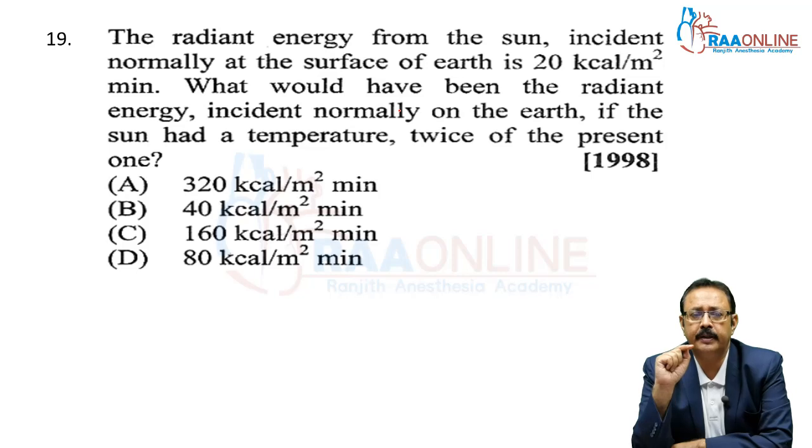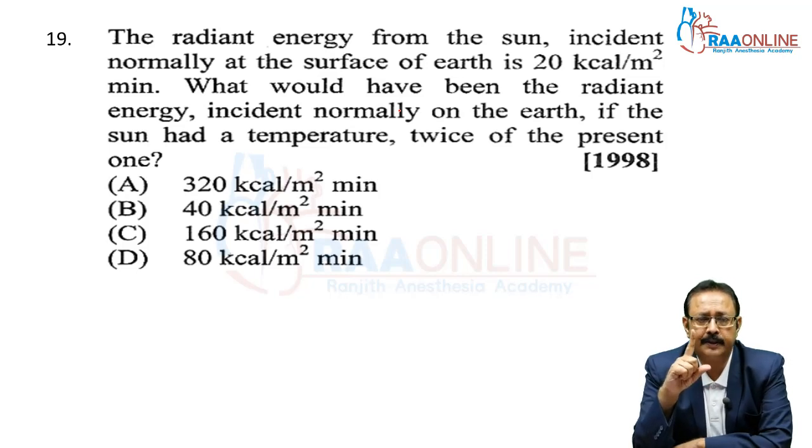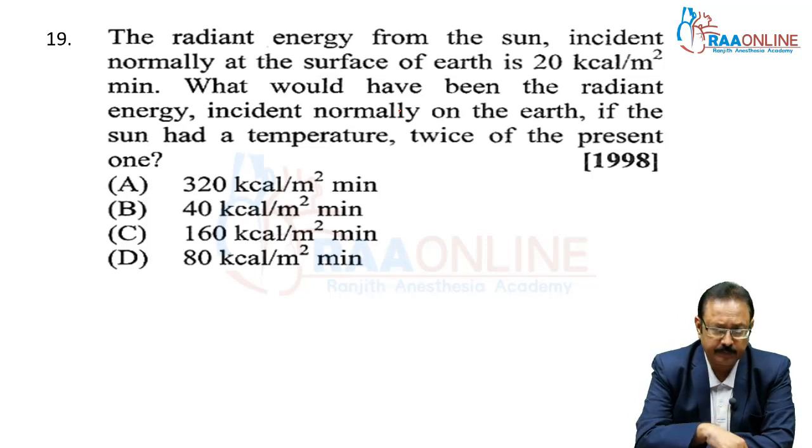What would have been the radiant energy incident normally on the earth if the sun had a temperature twice of the present one? See, first take care of units. Initially, radiant energy was in kilocalorie per meter square per minute. All four options are in the same unit. So no need for conversion of units.